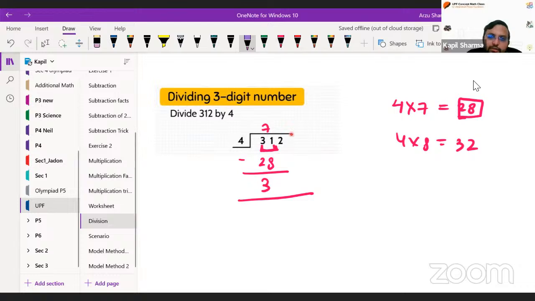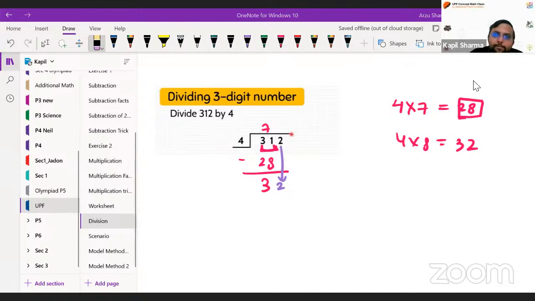So 31 minus 28 is 3. Now we have to bring this 2 down. So this becomes 32. Wait. Okay, Parth. Yeah, so it has to be 78.